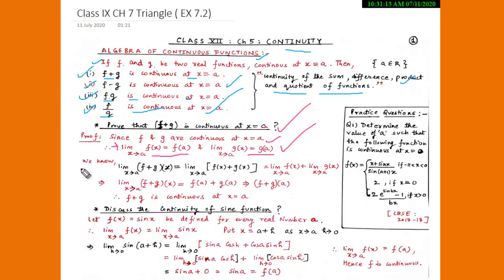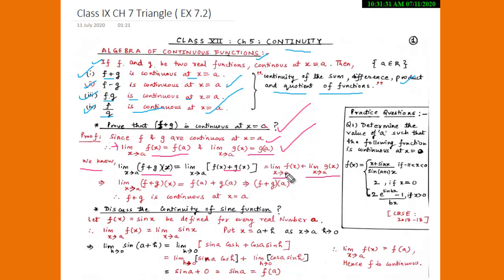Now when we take the sum of these two functions, limit x tends to a, (f plus g)(x) equals limit x tends to a, f(x) plus g(x). So from here we have limit x tends to a, f(x) plus limit x tends to a, g(x).